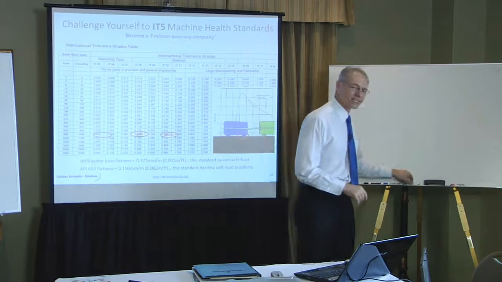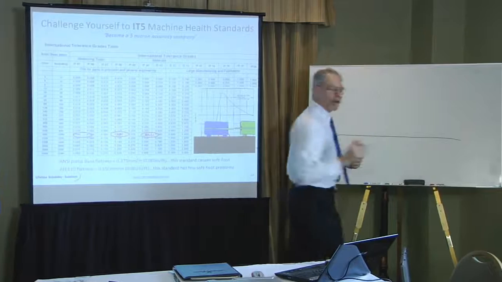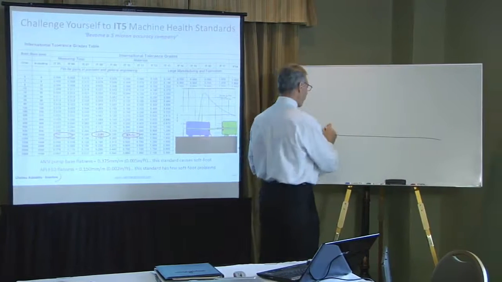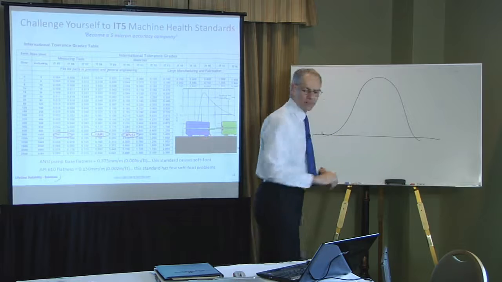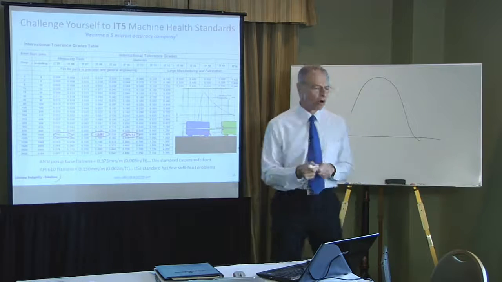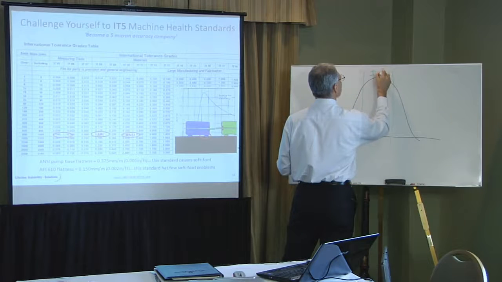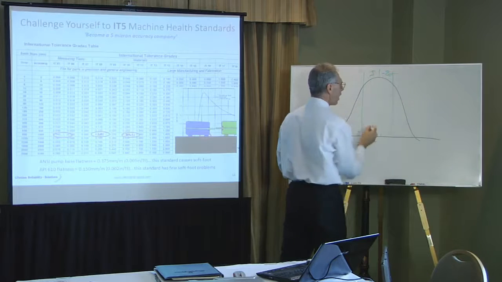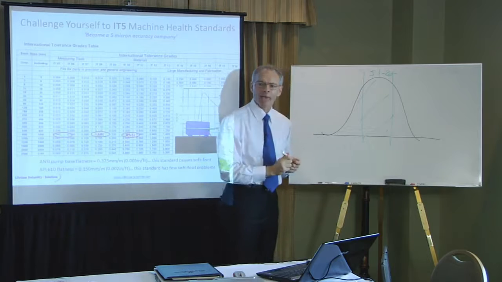Now, of course, what they're counting on is the distribution. When they manufacture these machines and these base plates, there will be a distribution. What these standards are counting on is that plus or minus 1 to 2 sigma is going to get most of the manufacturing output.